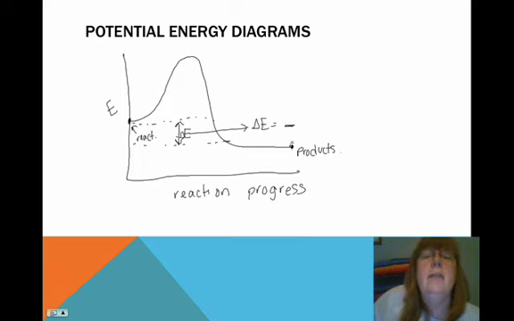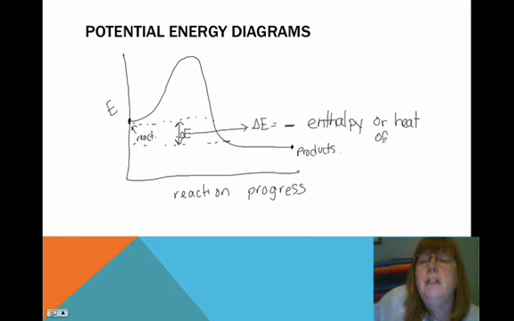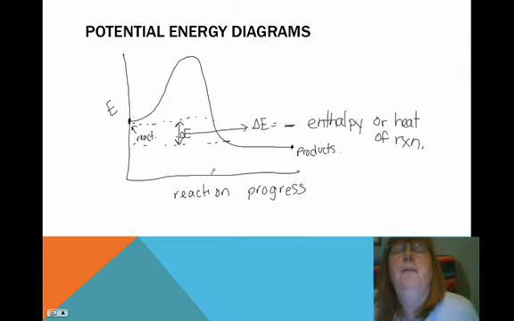Remembering that delta is products minus reactants, so small number minus bigger number gives us a negative value for delta E. Sometimes delta E is called the enthalpy of a reaction or the heat of a reaction. All right, so that's just looking at the change in the energy from where we start and where we end up. Okay, RXN is my abbreviation for reaction.